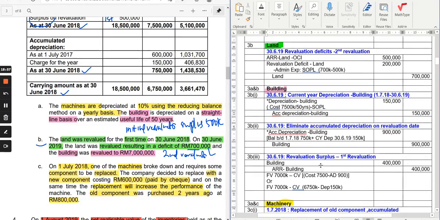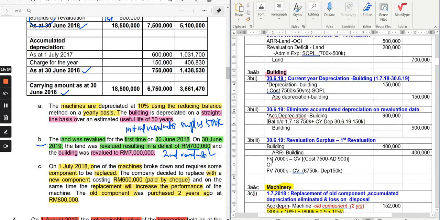You can see here, I put here 3B to 3, which is first revaluation. For the first revaluation, you will debit building and you will credit asset revaluation reserve of the building. So building was never being revalued. So this figure that we were showing here is all at cost. No valuation figure yet. So after 30th of June, then only you have the valuation figure.